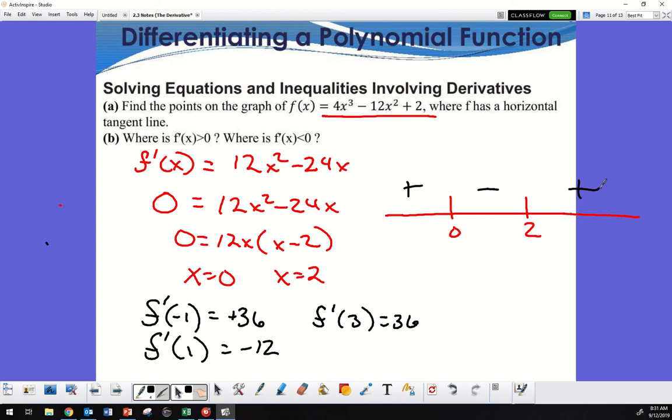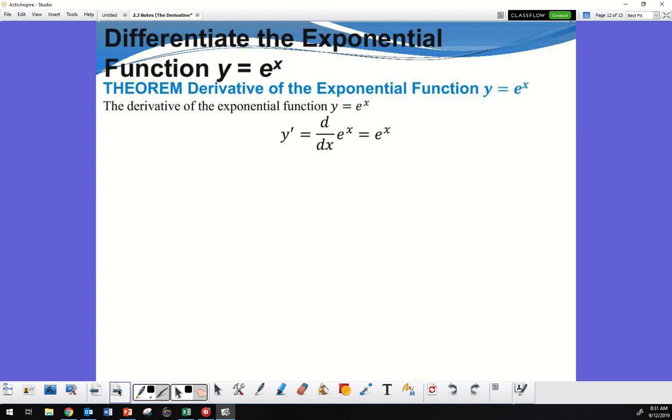All right, let's see. I think we're getting really close to being done. Ooh, one of my favorites. The derivative of e to the x is e to the x. The slope of the self is itself. The slope of e to the x is e to the x. It always is.